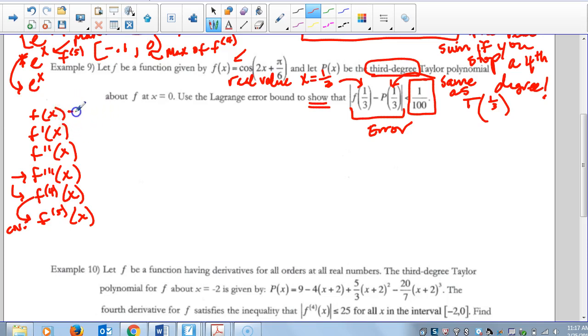So f of x, and I'm just going to do these in general, f of x was cosine 2x plus pi over 6. Its derivative is negative 2 sine 2x. So don't forget the, oh my goodness, I don't remember what it's called, chain rule.